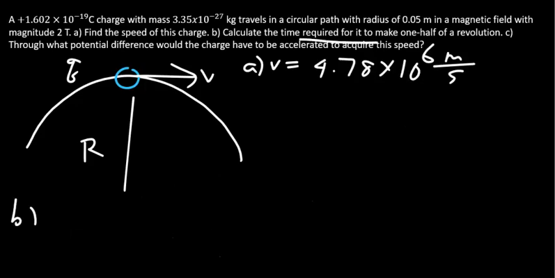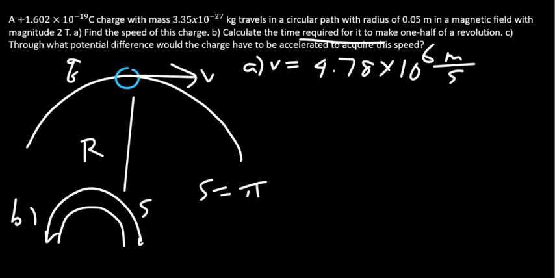Time required for it to make 1/2 of a revolution. So 1/2 of a revolution is the length of a semicircle. And that length, let's call it S, is given by pi times the radius of that circle, half of the circumference of the circle, that is. And we know the distance traveled equals the speed times the time it takes.